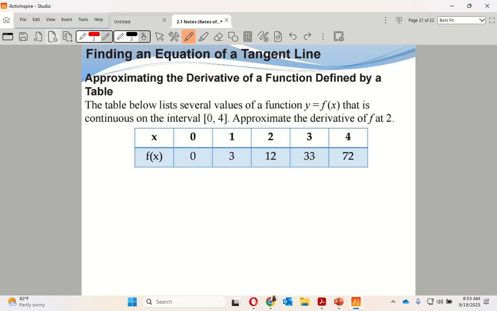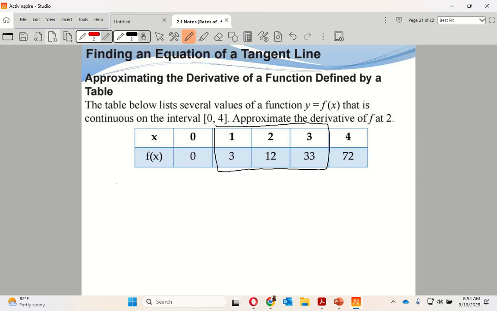Yeah, just find the slope, right? So again, what type of line would it be called? A line in between 2 points is your secant line. So we're doing the slope of the secant line. I'm using both sides of 2, because I'm approximating, because that's right in between there, right? So that's how I'm going to approximate that.